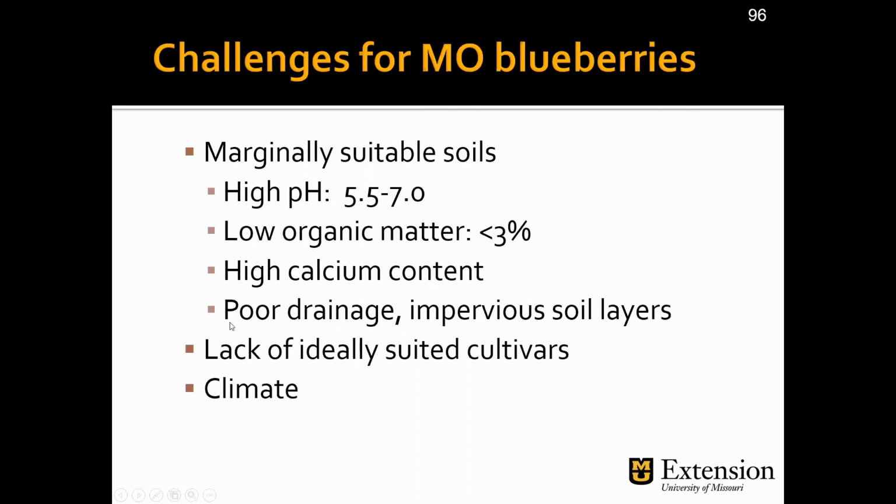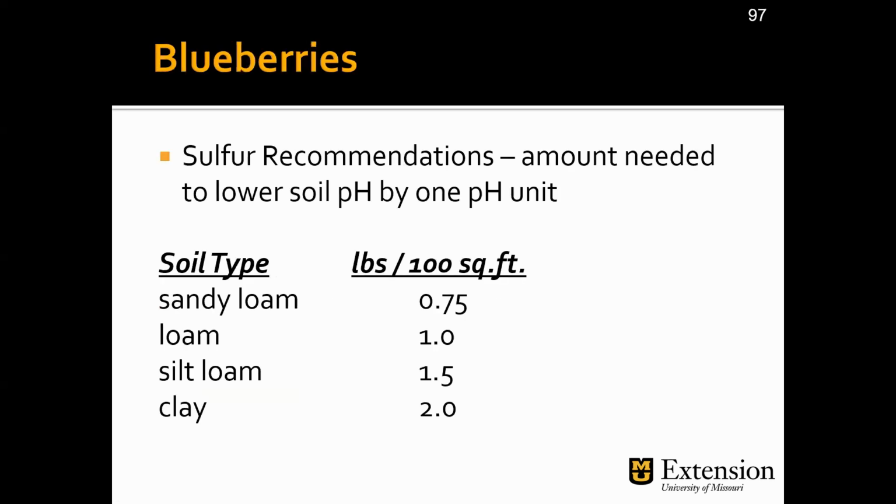And I live in Southeast Missouri, and there's a lot of rice being grown here, and that's because the soil has a lot of clay. So there's poor drainage. So if you're interested in growing blueberries, make sure that you do your research really well in terms of soil management, and get an idea how much it's going to cost and how much it's going to take to adjust this soil so that it's suitable for blueberries.